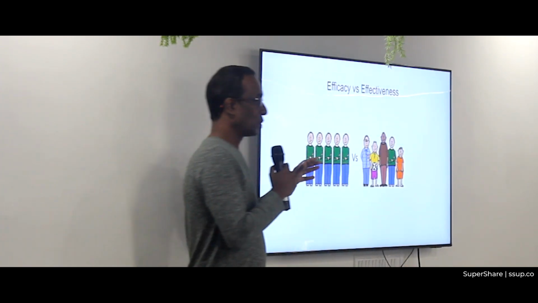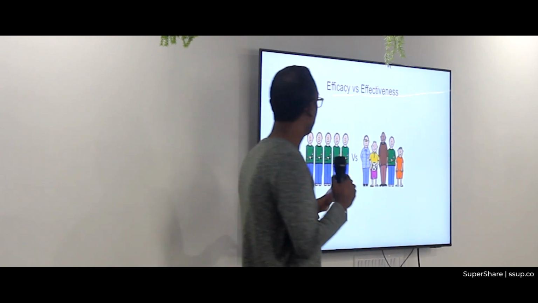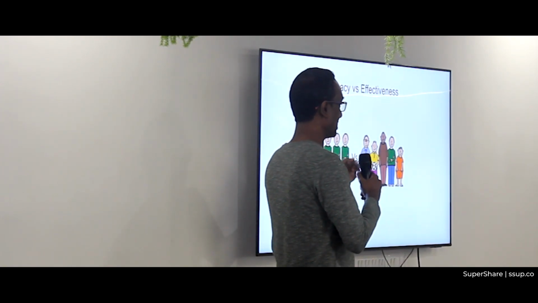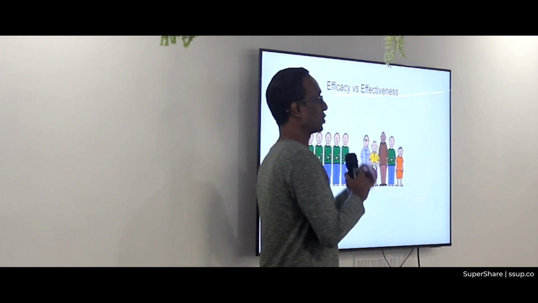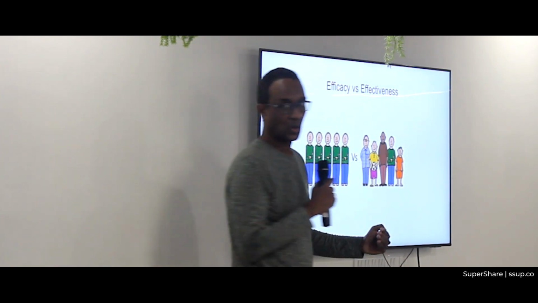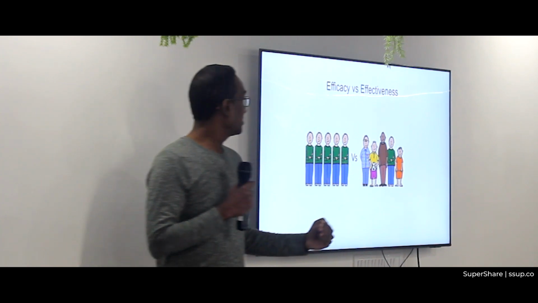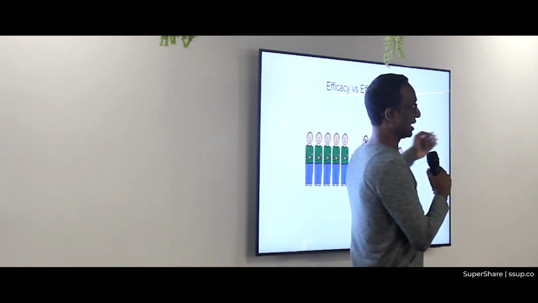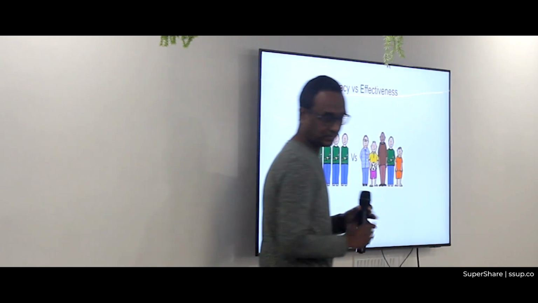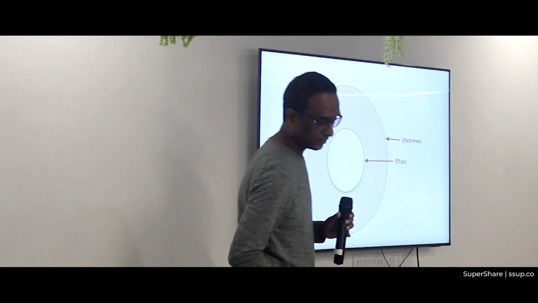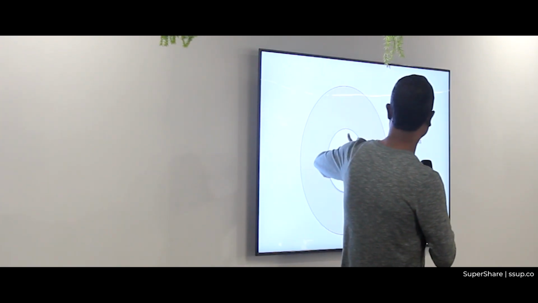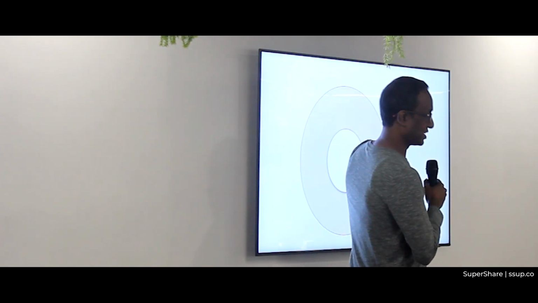To draw a parallel with software, efficacy can be thought of as how well it performs at a point in time for today's requirements, while effectiveness can be thought of as how it performs over a larger time horizon. You can think of efficacy as a part of effectiveness.